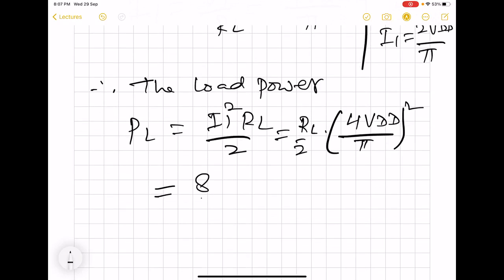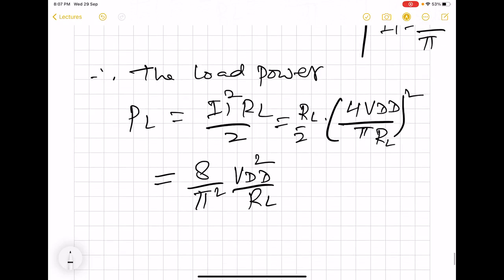So this will turn out to be 8 by pi square VDD square by RL. Right. So this is for the full bridge case.